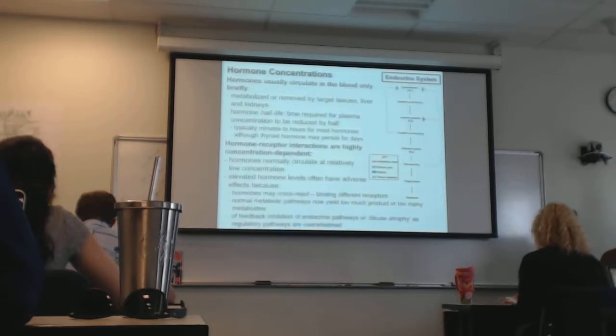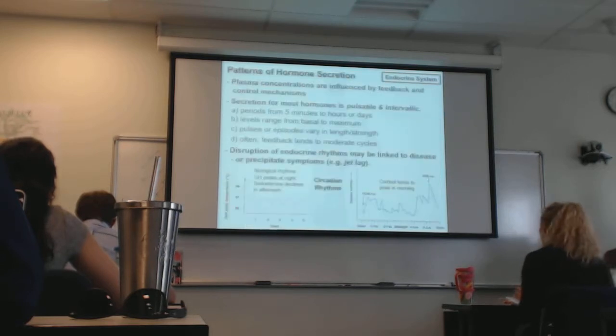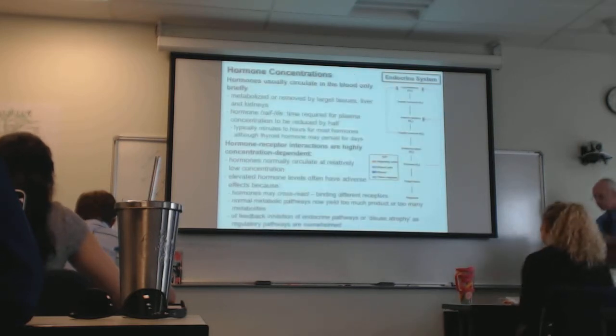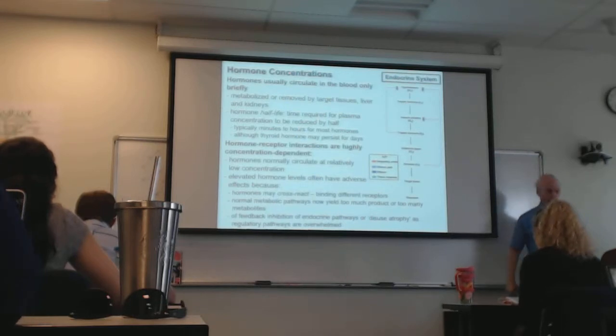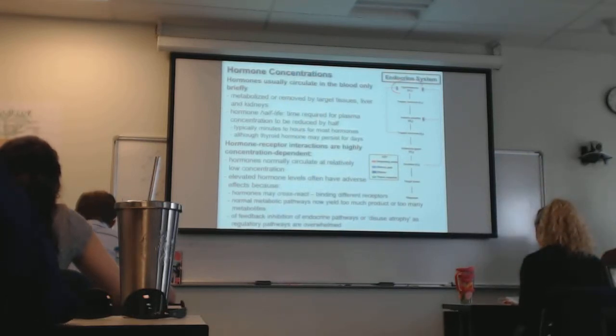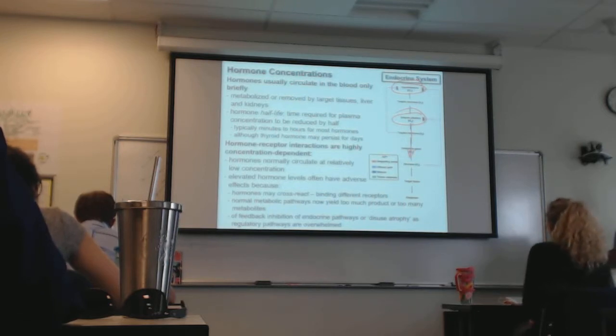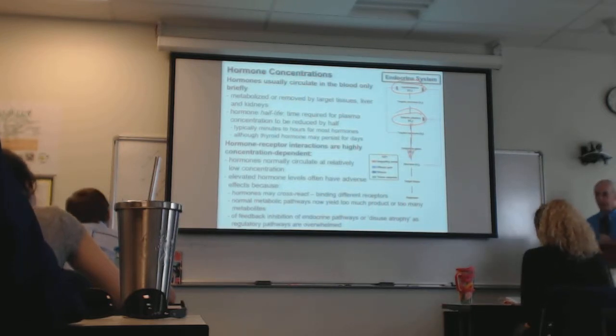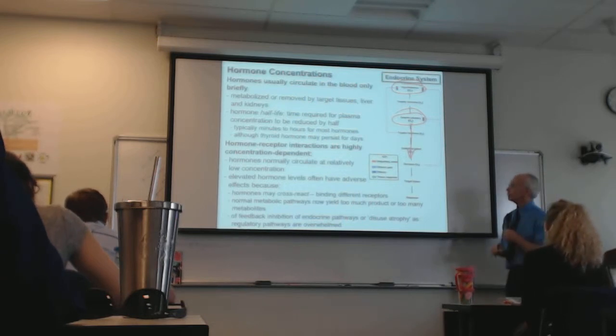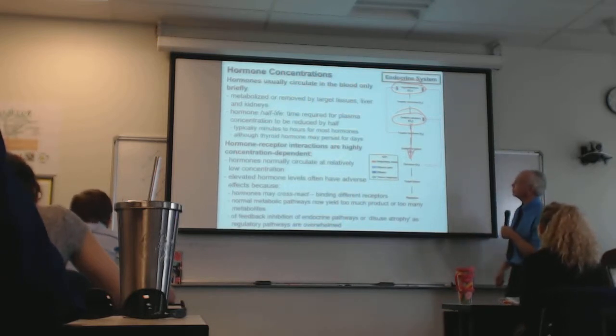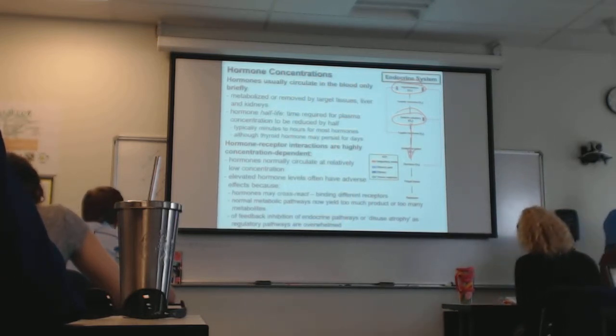So if we go back to this illustration, I don't have a better one there. What we're looking at again is the hypothalamic pituitary target tissue axis, sometimes called the HPA, or the hypothalamic pituitary adrenal axis, or whatever the target tissue is.